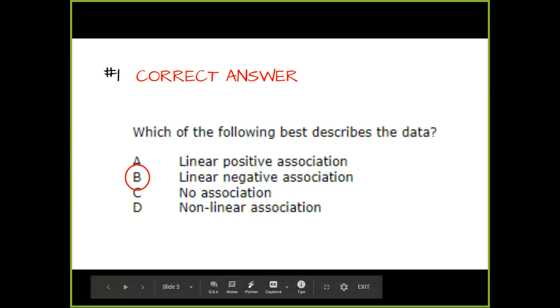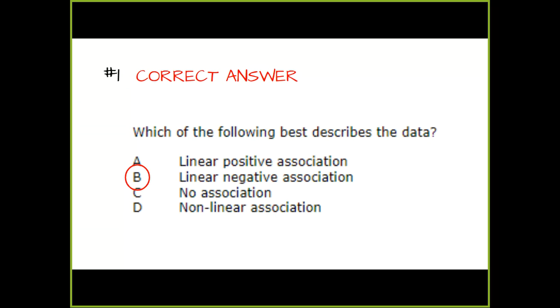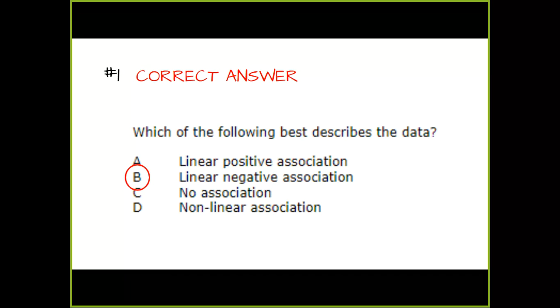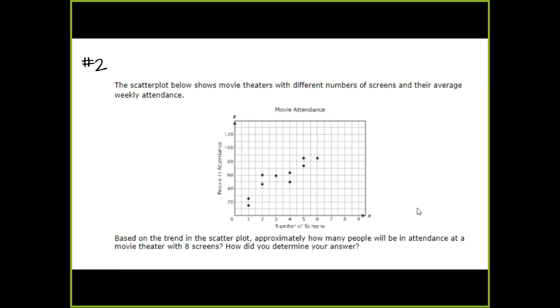So you should get B. You don't have answer choices on there, so you'll just have to write down what the correct answer is when you see it on my screen.